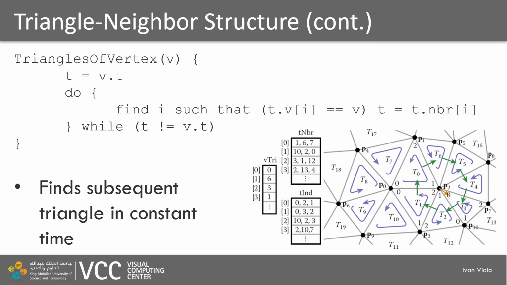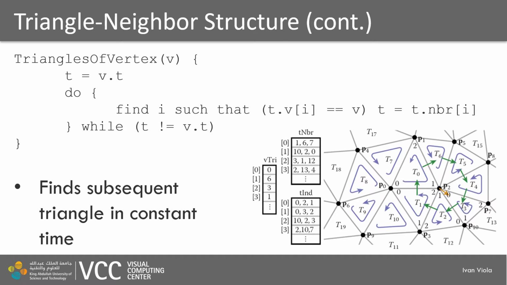With this representation, we will be able to, for example, find very easily which other triangles a certain triangle is adjacent to, that is directly stored in this data structure, but also, for example, which triangles a particular vertex consists of or is part of. So let's have a look how we can easily calculate that.